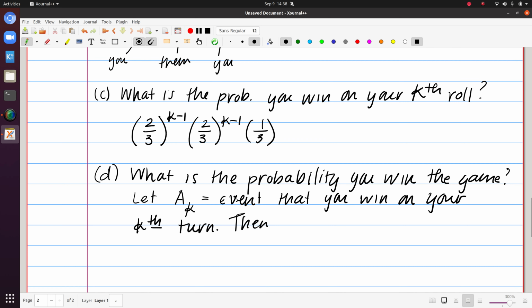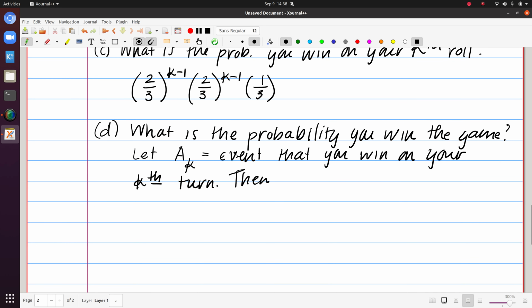Then the probability that you win is simply the sum from k equals 1 to infinity of the probability of A sub k. So it's the probability that you win on your first turn or your second or your third, etc. And in this case, again, we're thinking about or as addition.